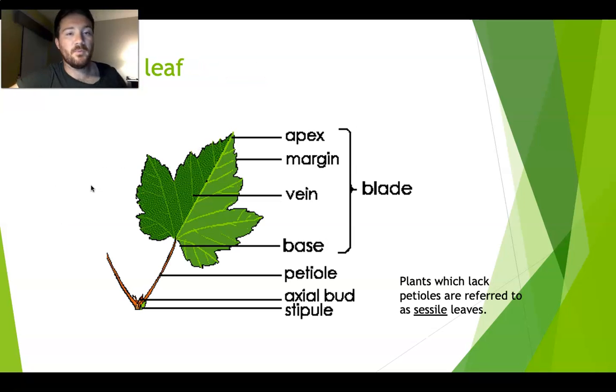Now, this diagram will be on your quiz tomorrow, and it will be on your test coming up actually rather soon. If I remember correctly, it's sometime either on next Monday or Tuesday.